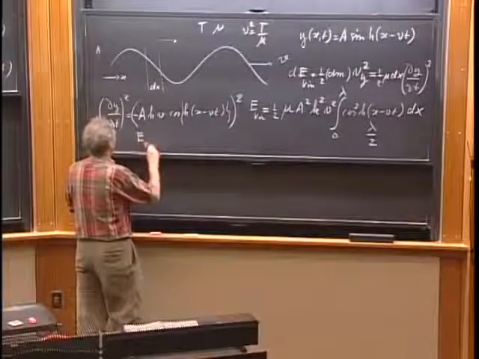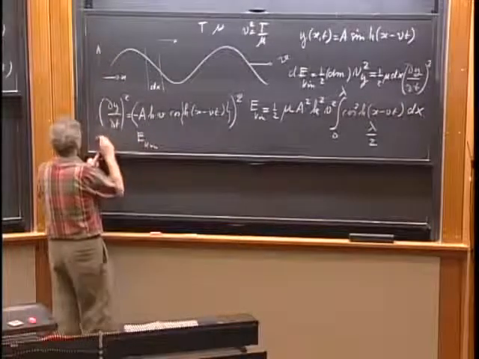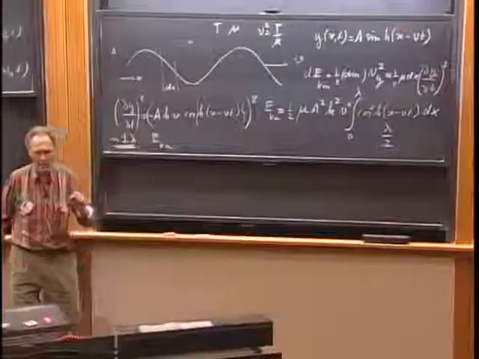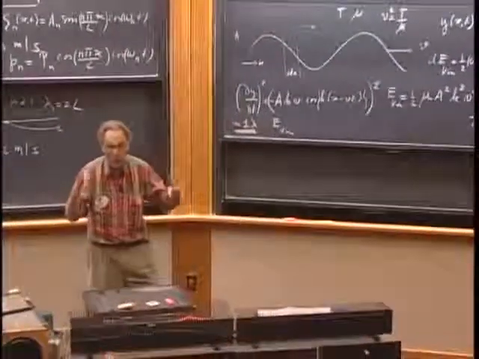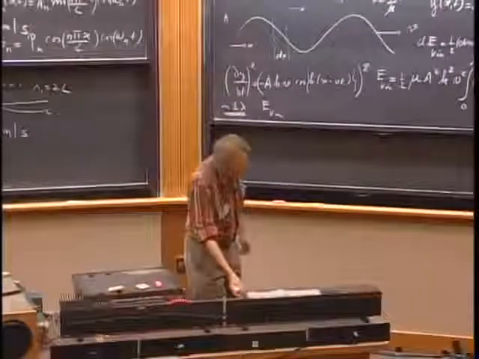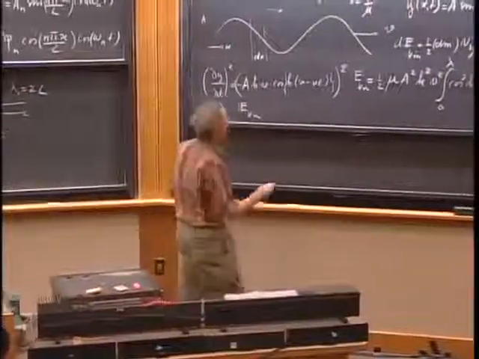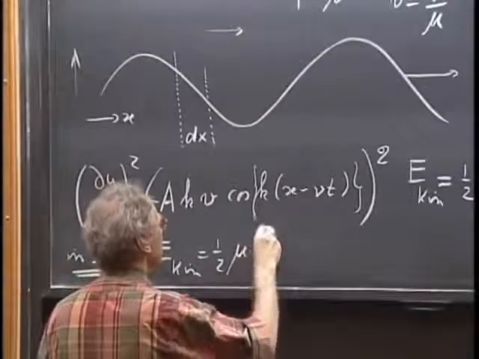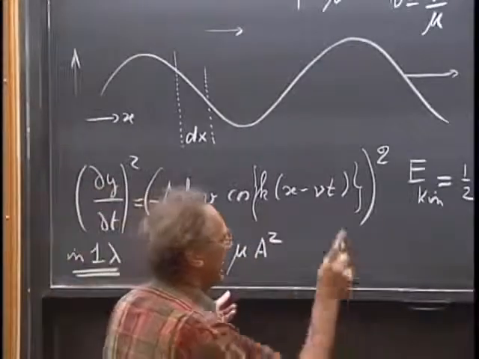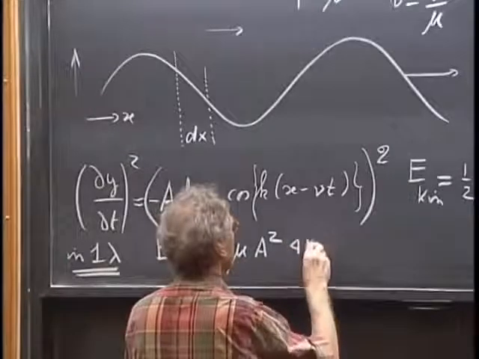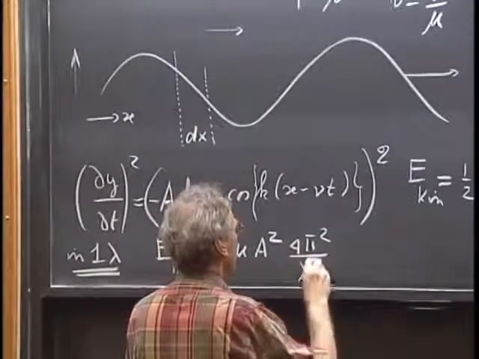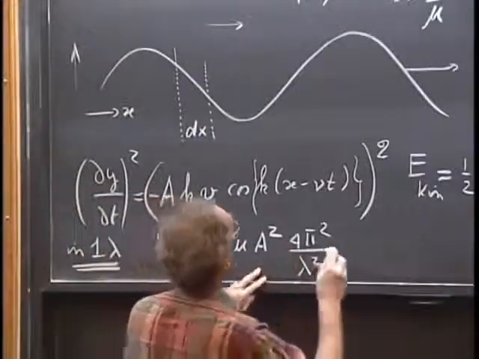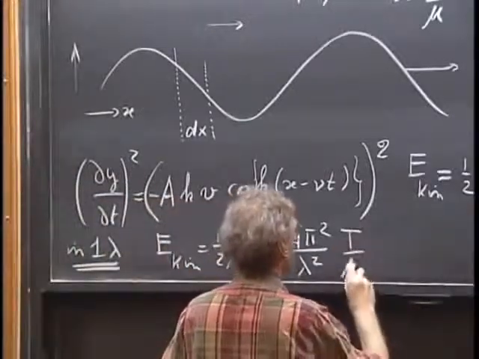So E kinetic now, and this is in one wavelength. This is my shorthand notation. So all I'm calculating for you now is how much is in one wavelength. So you're going to get now 1/2 mu, you get an A squared. The K squared I can write down as 4 pi squared divided by lambda squared. For the V squared I can write down T divided by mu.